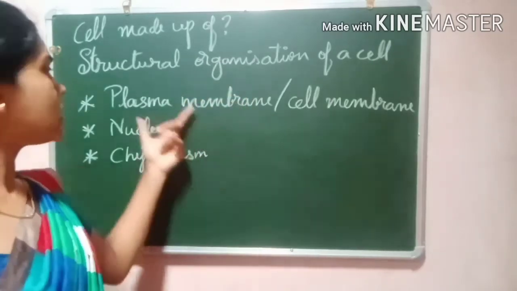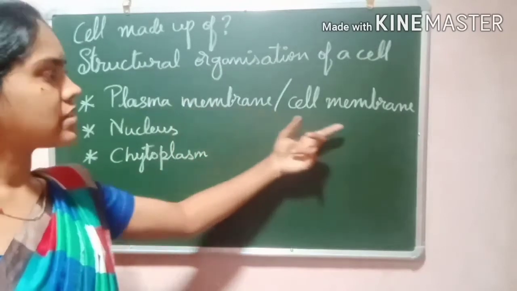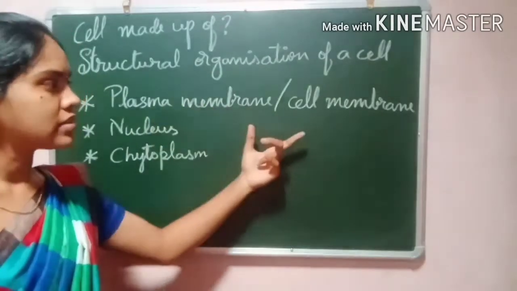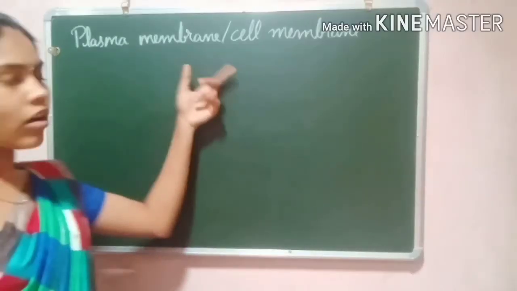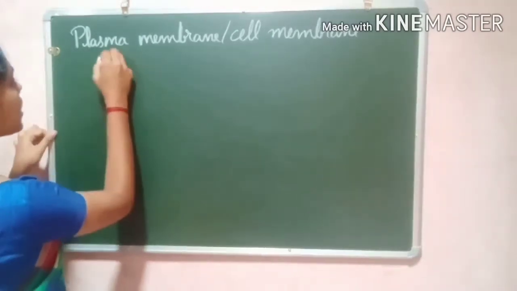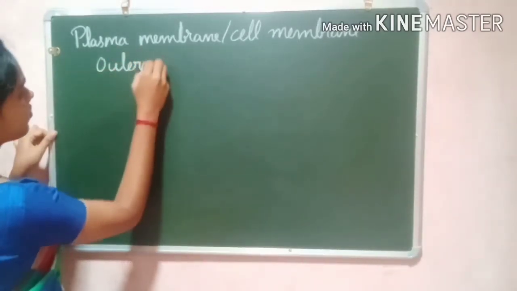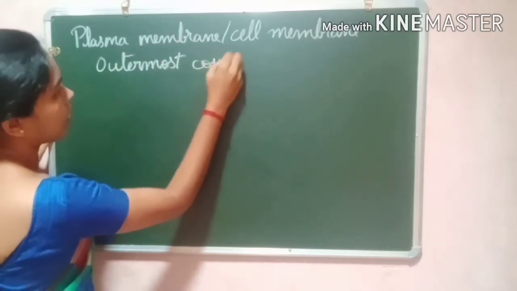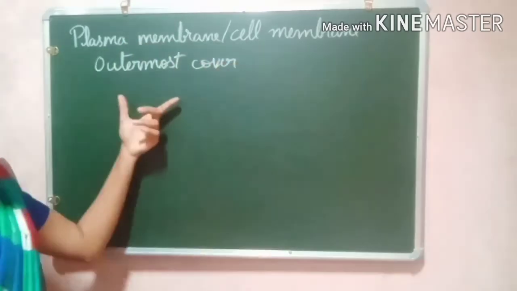So the first thing is the plasma membrane or the cell membrane. First let us discuss the plasma membrane. This is the outermost cover of the cell.